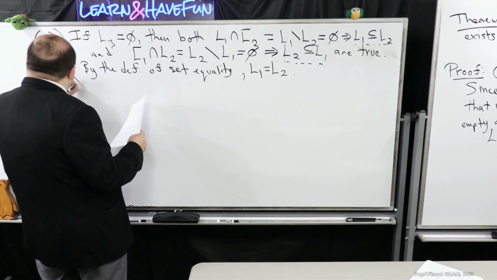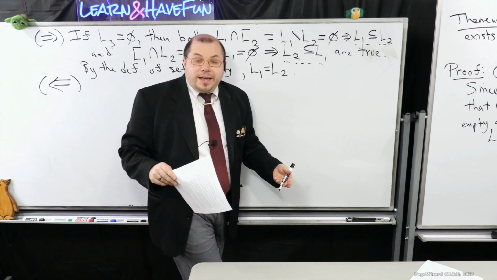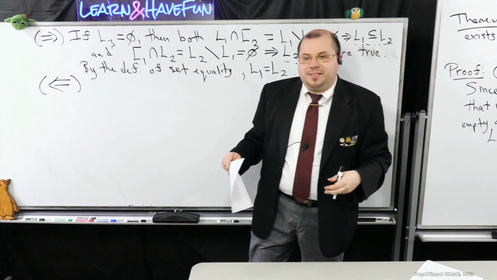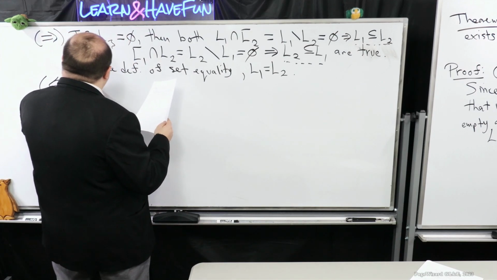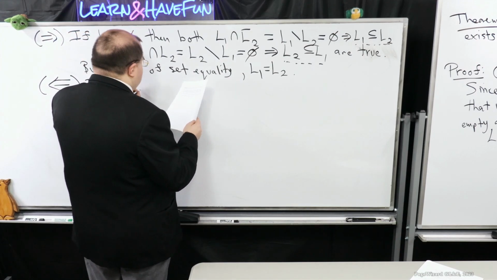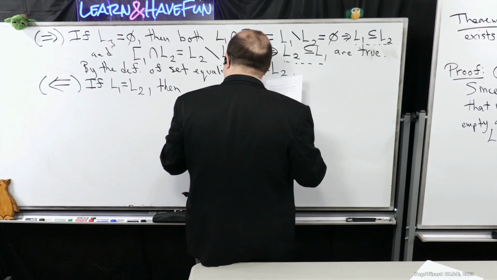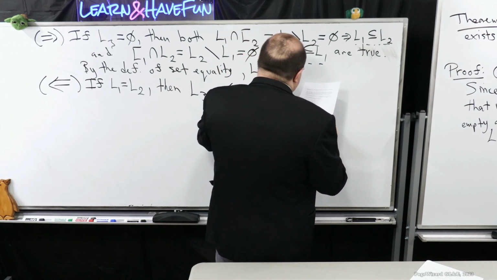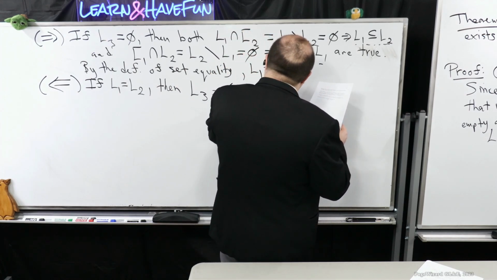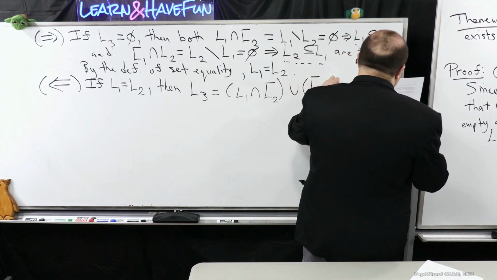Now let's prove the other direction. This direction is saying if L1 is equal to L2, then L3 has to be empty. I like this part of the proof, it's fun. If L1 is equal to L2, then L3 is equal to L1 intersect L2 complement union L1 complement intersect L2.